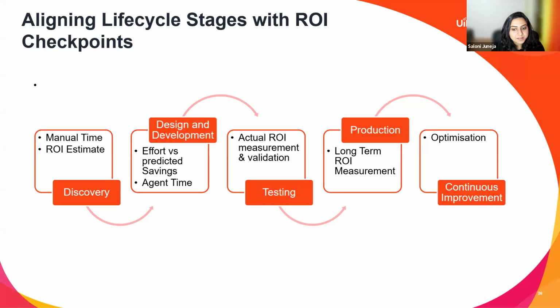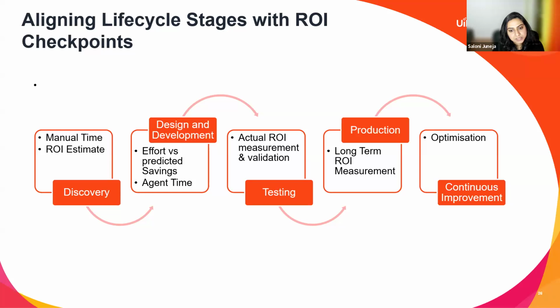So at the discovery stage, when we are doing opportunity assessment, we will capture the manual time of the user and calculate the estimates for the ROI, which means that you would ask them questions, how much time you're taking today, so that you would be able to understand that's where my ROI would go from manual to the to-be part of the agentic automation. So that's during the initial phase.